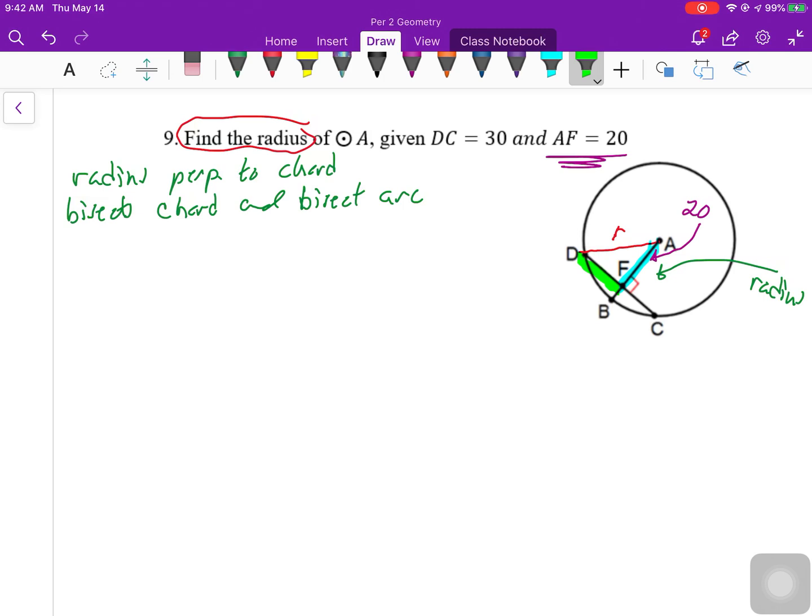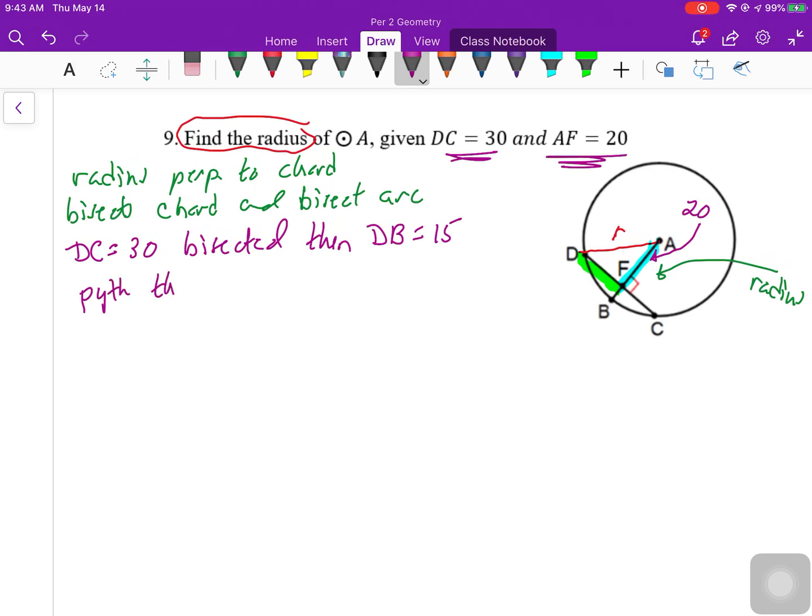And we can find d to b right there. And the reason we can find d to b is because of that bisecting aspect. If d to c was given to be 30, that's right here, and it's bisected, then d to b will be 15, half of 30.